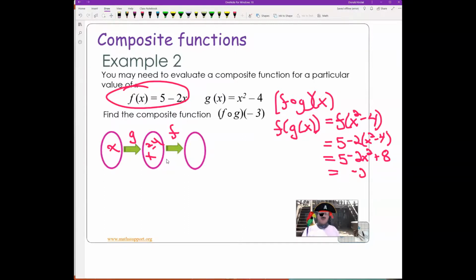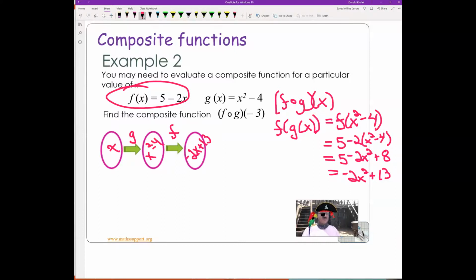And I end up with negative 2x squared plus 13. That's my composite function.